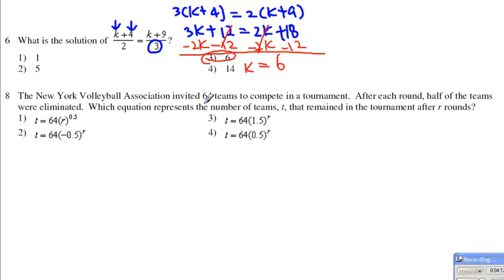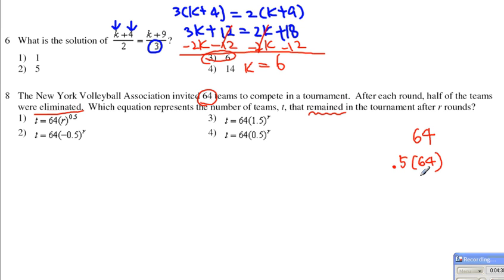Now, here we had a 64 team starting. Half of them are eliminated. What's important here when you look into the question is how many teams are remaining. Since half of them are eliminated, half of them will still remain. So first we had 64 teams. After that we have half of that, 0.5 of 64.